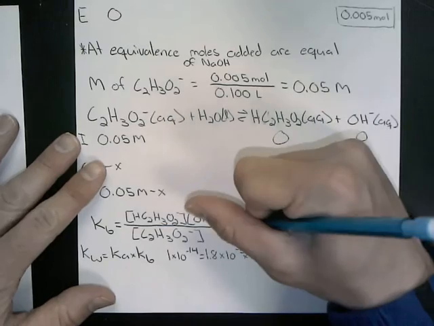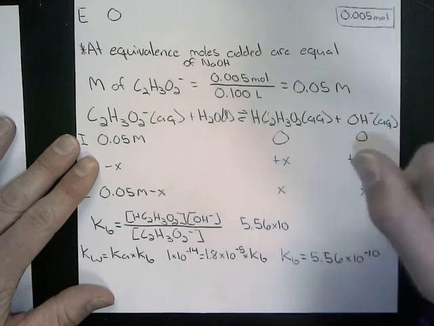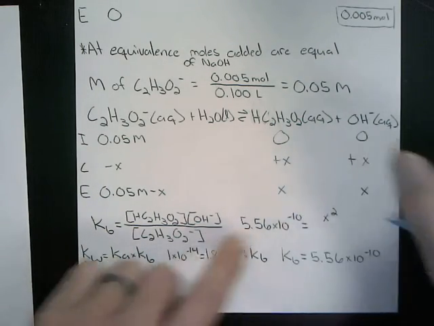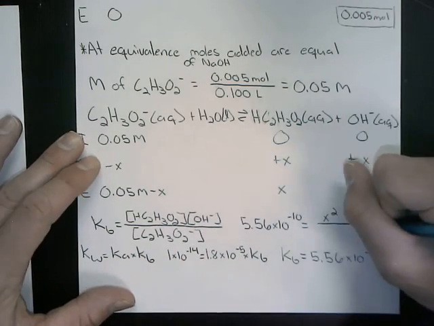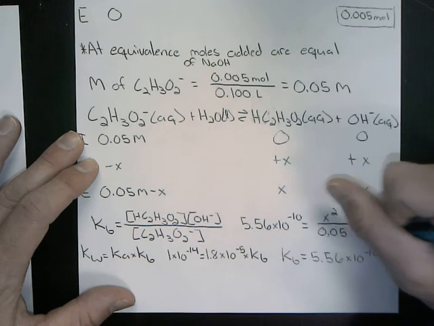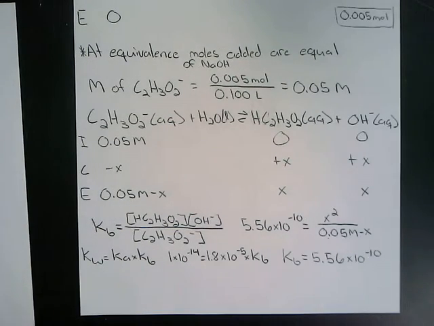So when we set our problem up, it would be 5.56 times 10 to the negative 10th equals x squared, from x times x, all divided by 0.05 molar minus x.